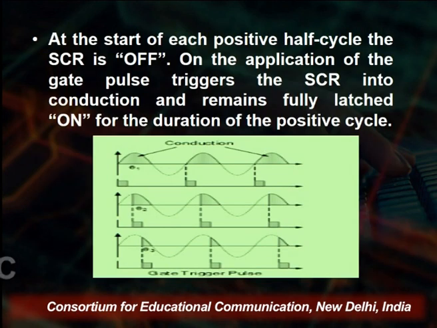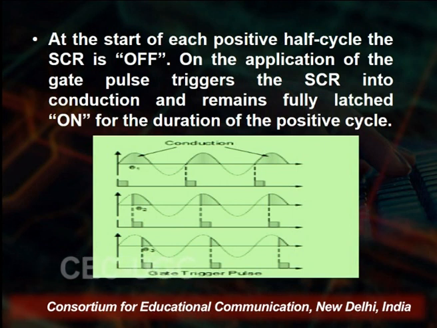So at the start of the positive cycle, the SCR is in the off state, and on the application of the gate pulse, it is triggered into conduction and remains fully latched in the on state for the duration of the full positive cycle.